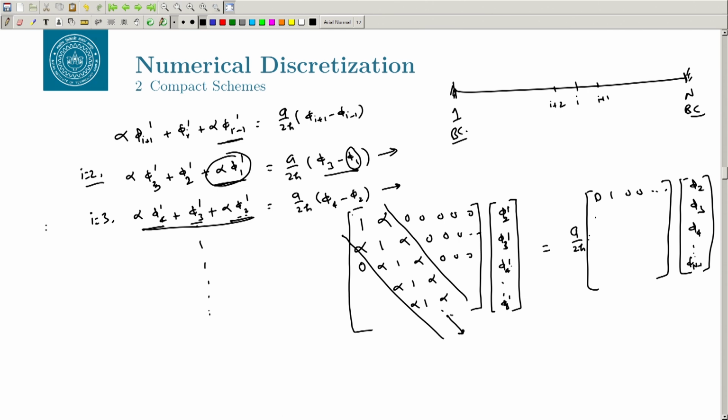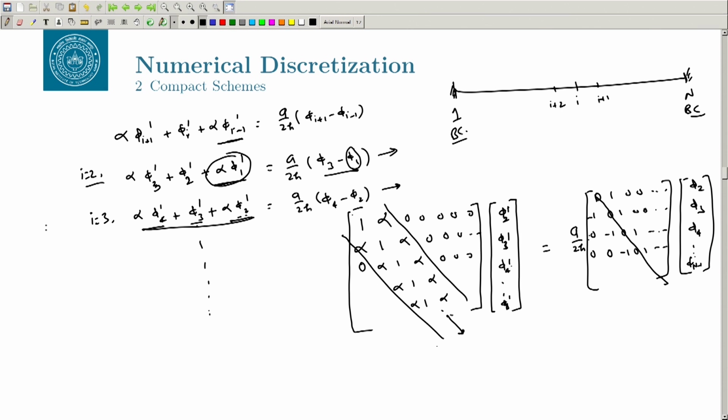And similarly you will have minus 1 0 1 because there is a minus sign here, and this will go like this: 0 minus 1 0 1, and the rest all terms will be 0 0 0, minus 1 0 1, and this will go like this, and this will be a diagonal term, right.